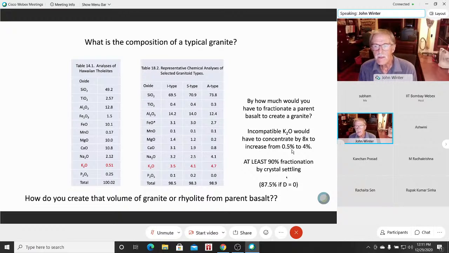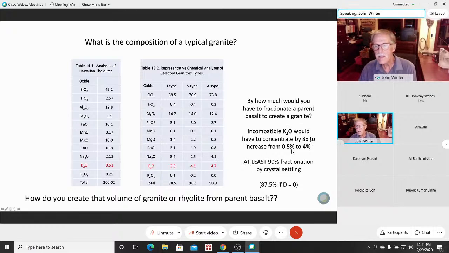So, if you just ask this on a simple mass balance, I've highlighted K2O here, all right? K2O is about 0.5% in our basalt, but it's, I don't know, let's call it 4% in a granite. How much would you have to remove from a basalt in order to create a granite if you just thought about this most incompatible element?